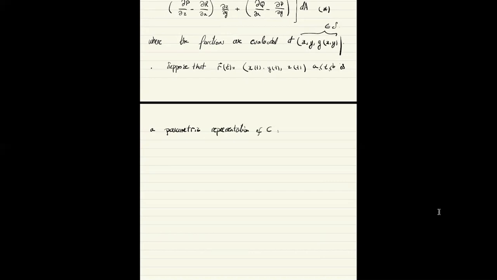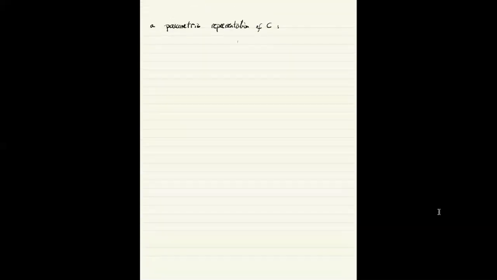So what is C? Oh, I forgot to give you a graph here. So we are in the setting where I have the function z equal to g(x,y), and I have this curve, and I have the normal.